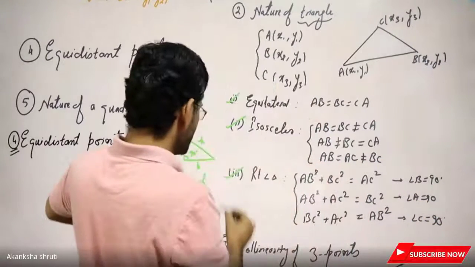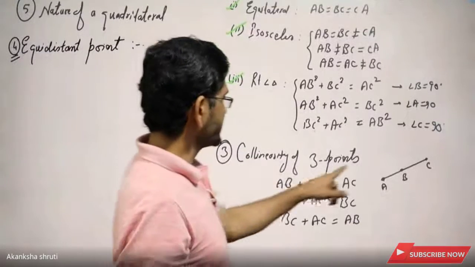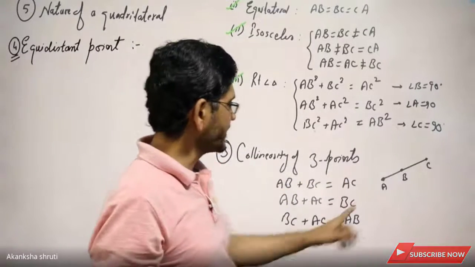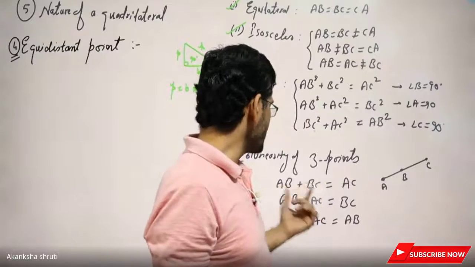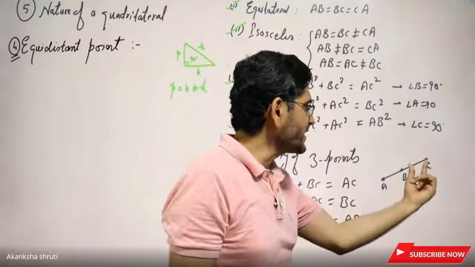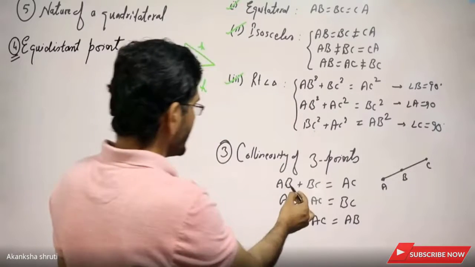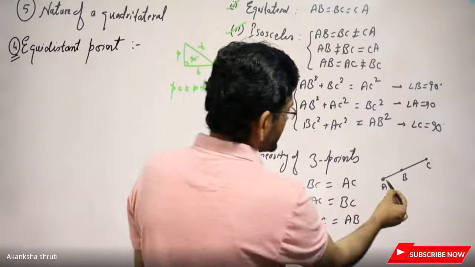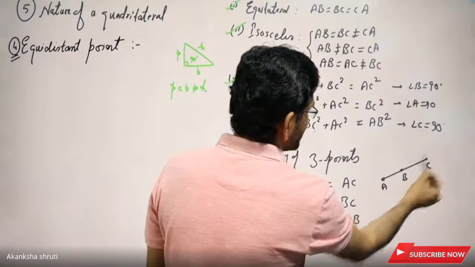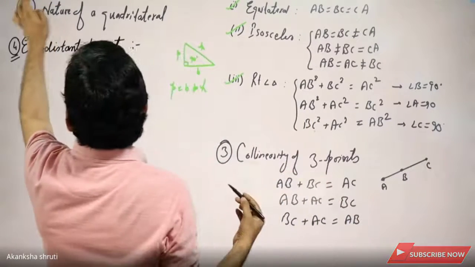So students, collinearity can also be checked. For collinearity, the sum of the two smaller segments should be equal to the bigger one, like AB plus BC is equal to AC. Here it is AB, this is BC, and the bigger one is AC.